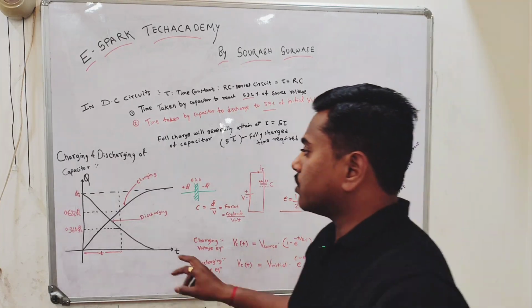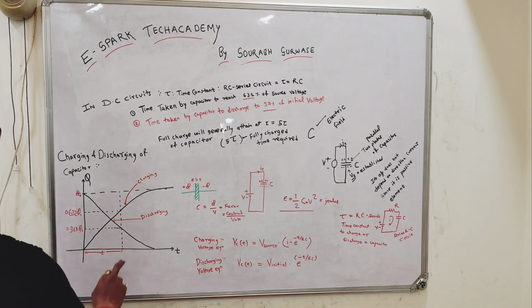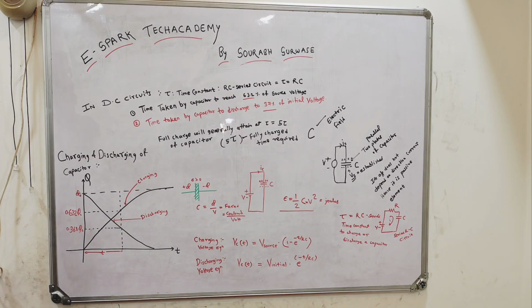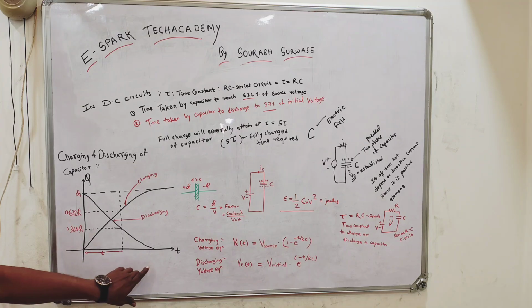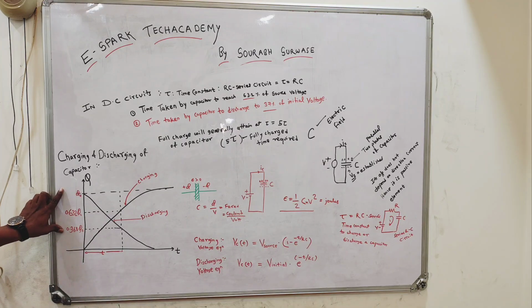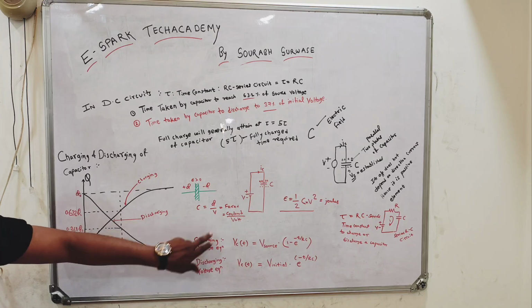If you look carefully at the diagram here, we have taken time with respect to charge. Time is on the x-axis, Q is on the y-axis. Q is the charge accumulated by the capacitor when a voltage is applied to it.